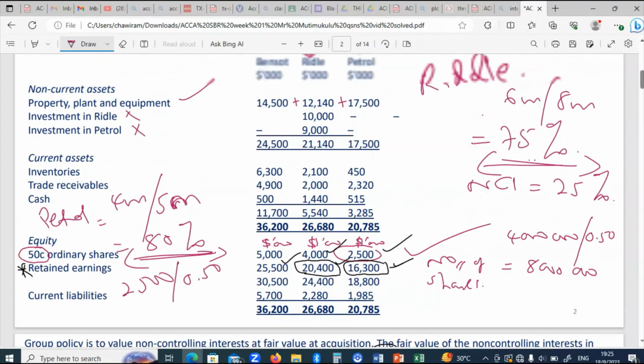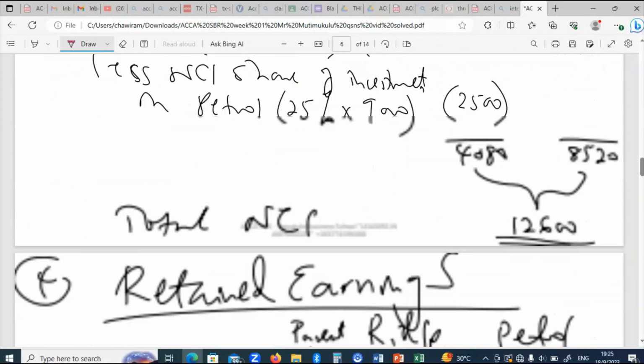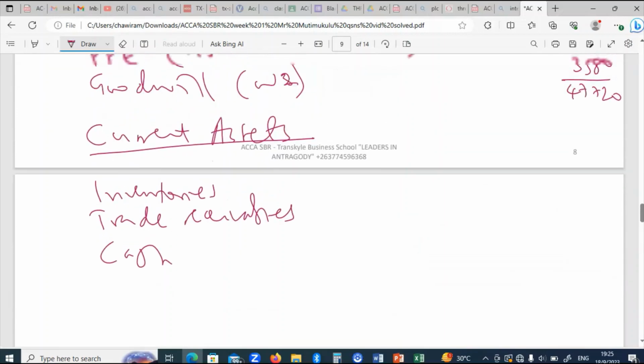It's given in the question, and we are going to say this figure plus that figure plus this one. And this one for the trade receivable, we're going to do the same. For the cash, we do the same. Okay. So let us slot in those figures as quickly as possible.